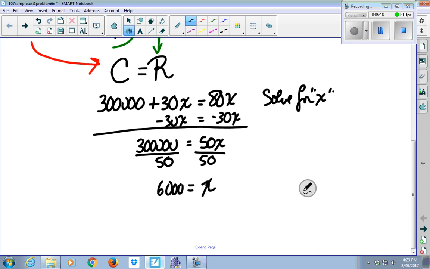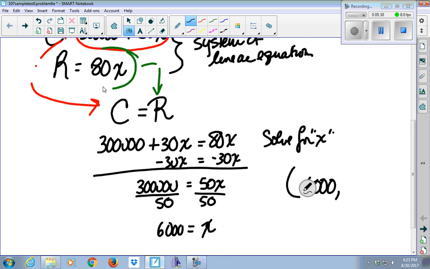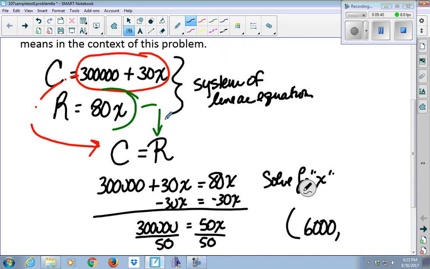So remember, x was the number of running shoes that were both produced and sold. So we know now that the first coordinate of our break-even point is 6,000. And now we want to find the cost and revenue when we make and sell 6,000. So it doesn't matter which of these original equations you go back to, because they should both produce exactly the same answer.